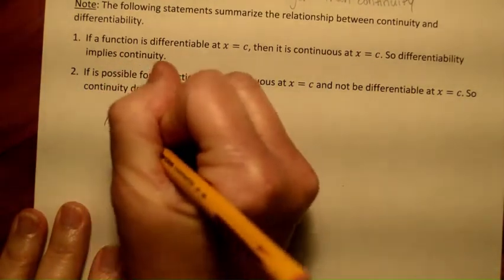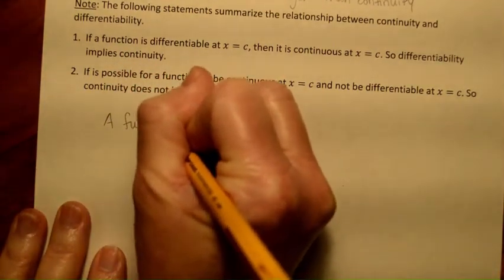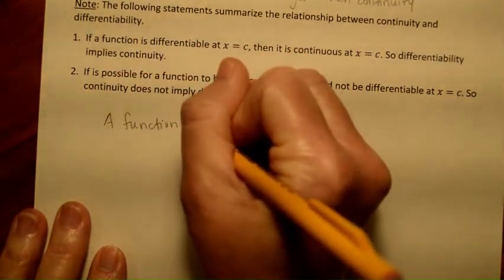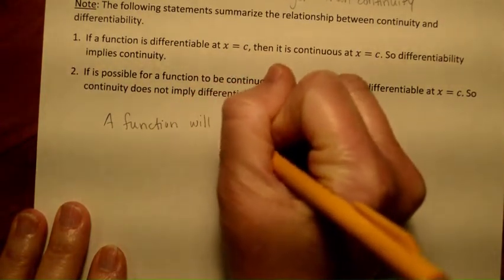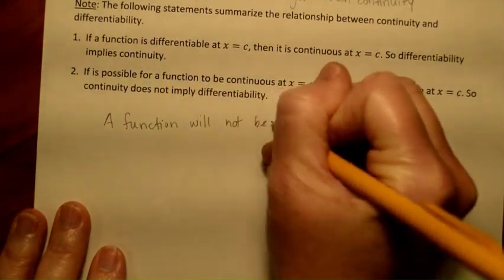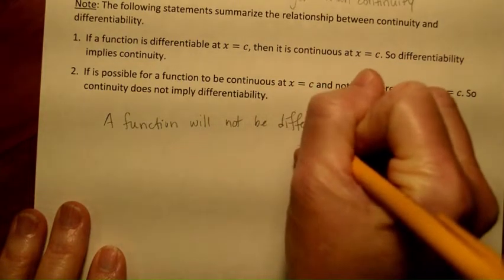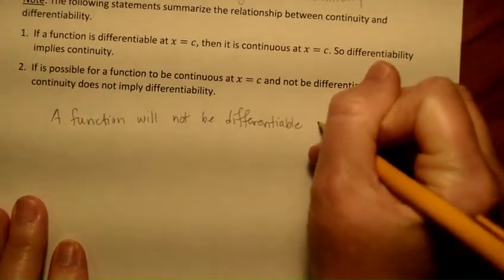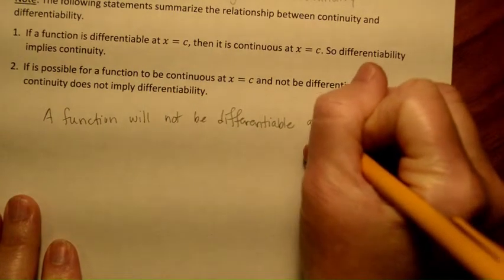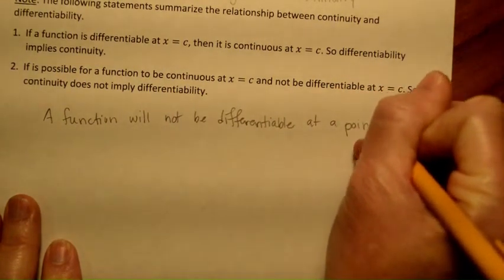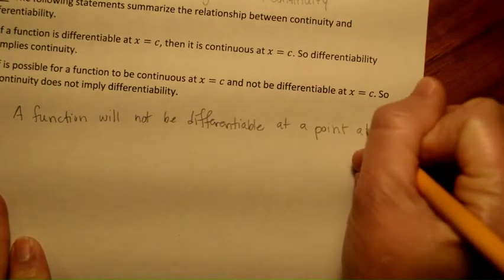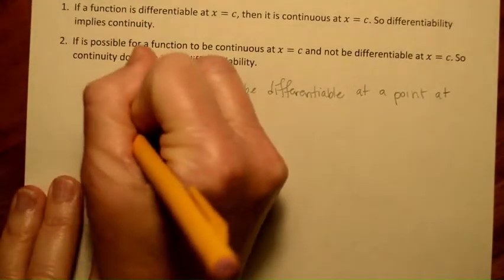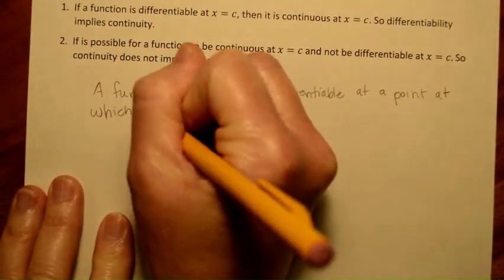So we will say a function will not be differentiable at a point at which its graph has a sharp turn.